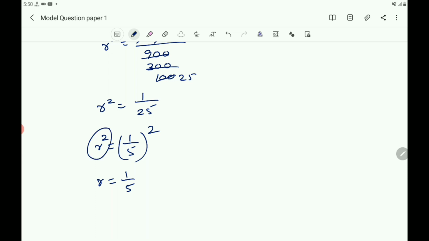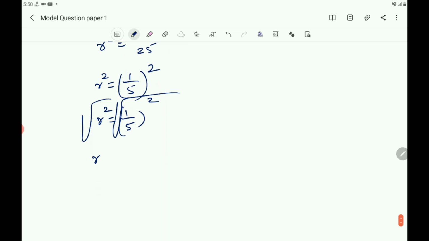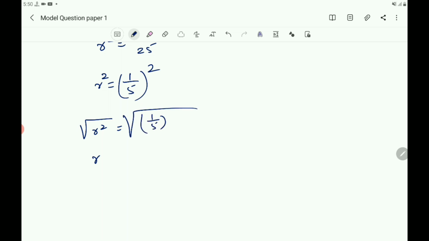Here r square equals 1 by 5 whole square means r equals what? 1 by 5. That is taking root on both the side. One more step you can have here. If you take square root on both the side, that becomes r. Root of r square is r. So write it neatly. That is square root of r square equals square root of 1 by 5 whole square.